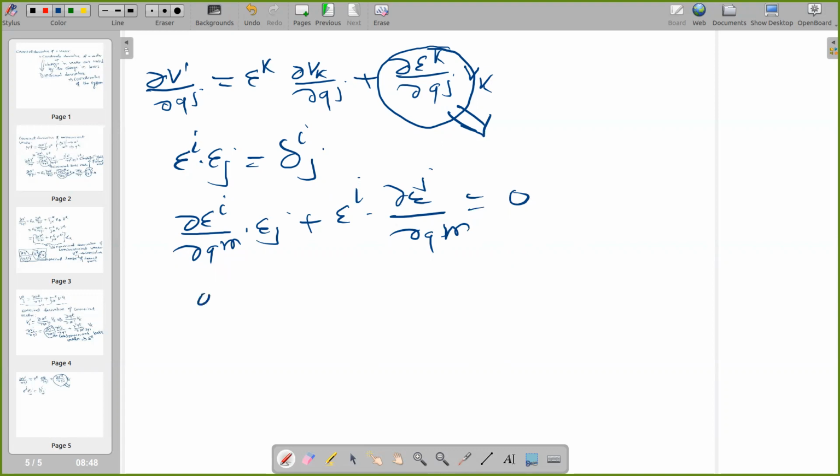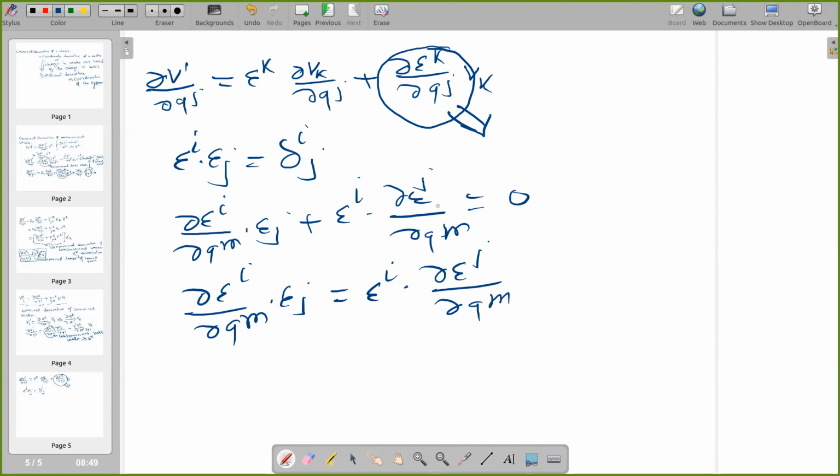Now rearranging this equation, this is j down, and here also this is j. Now we can change this relation in terms of Christoffel symbol.